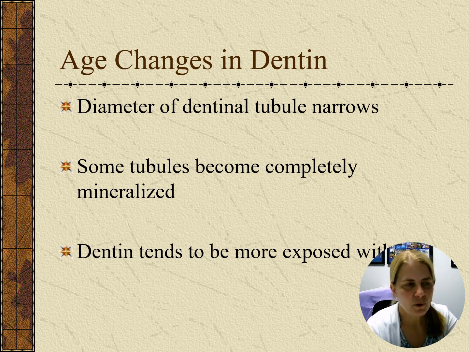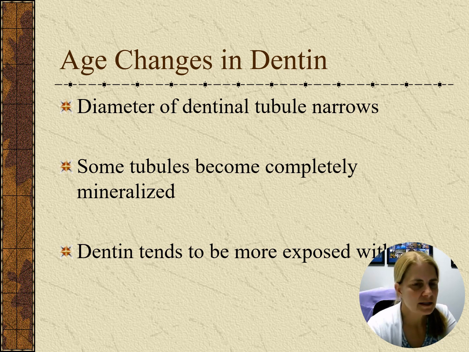Now, as people age, there are changes in dentin. The diameter of the dentin tubules narrow, and some of those tubules become completely mineralized. We talked this week about dentinal hypersensitivity and how our 18 to 44-year-olds are the most sensitive patients that we have.